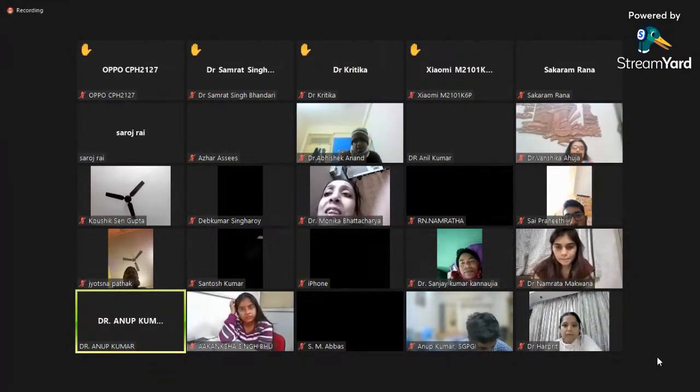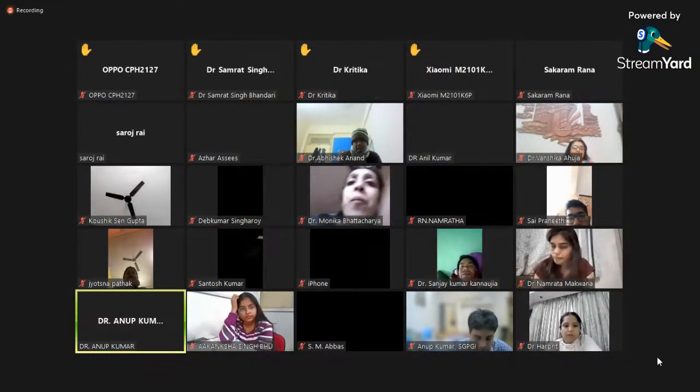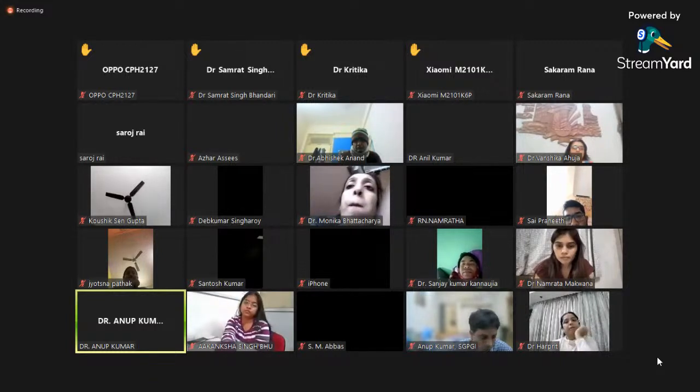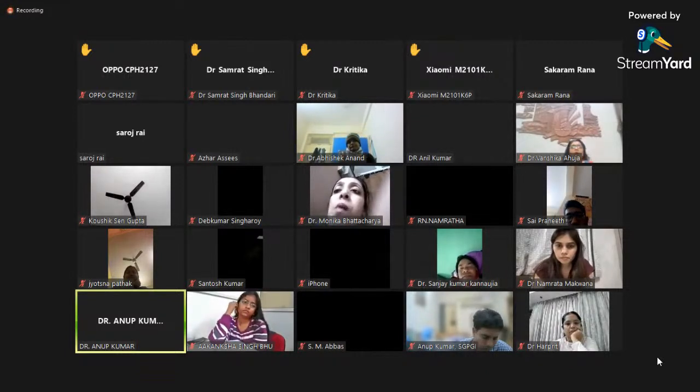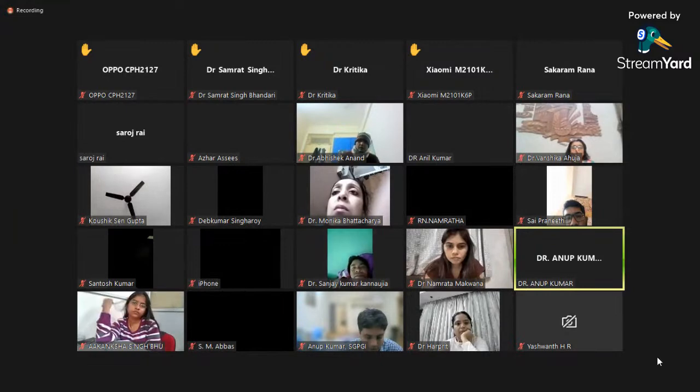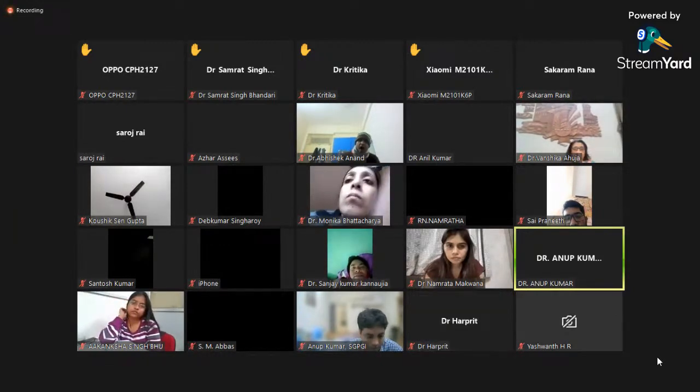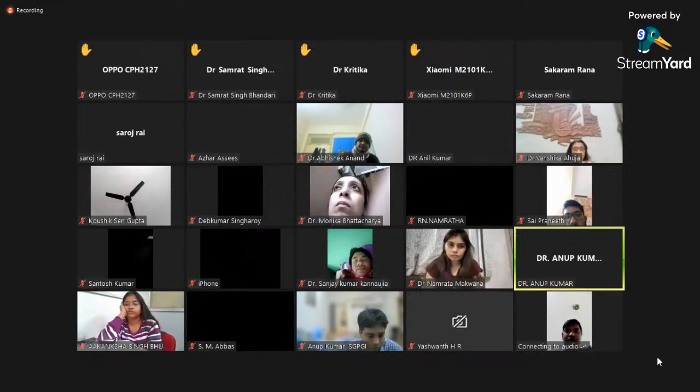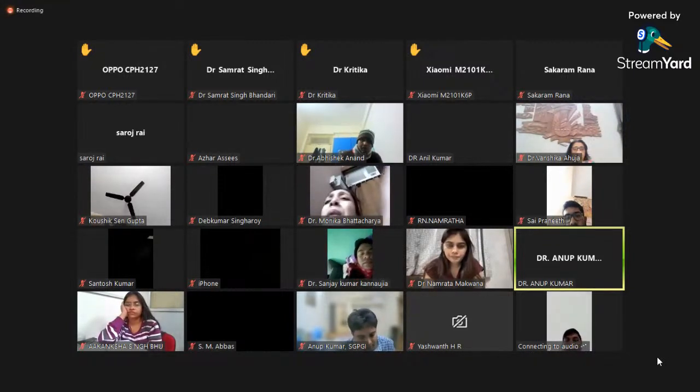If somebody else does the same thing, or if you measure the average weight of the children of class 5th, you get some value around, say, 25 kg. If somebody else does the same experiment, he will get another value. He may get 20 kg, another may get 22 kg. So the estimates change as per the sample.